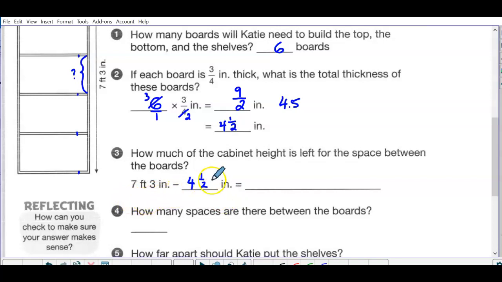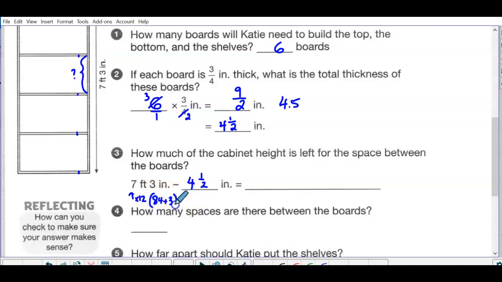So now here, this is given in feet and inches, and this is just in inches. So I'm going to convert. If this was more than 4, I would not do any conversions, but it's less, so I'm going to convert this, so multiply by 12, and that's going to be 84 plus 3.